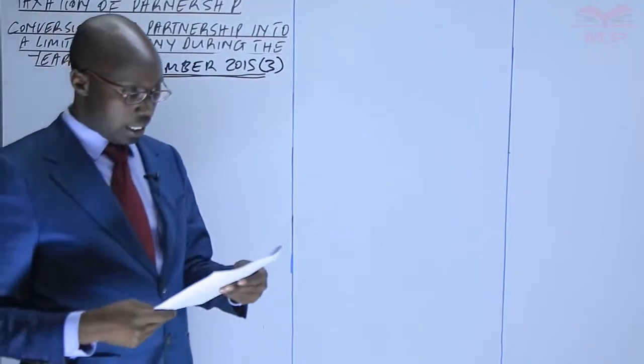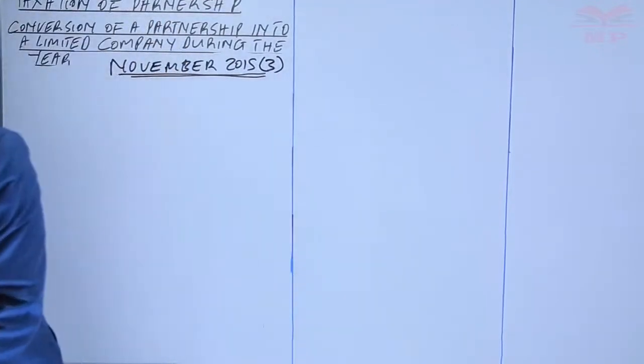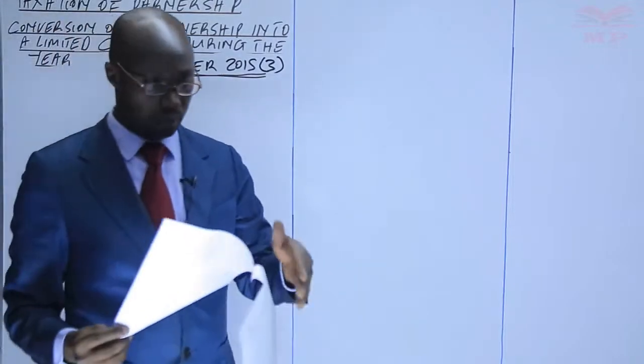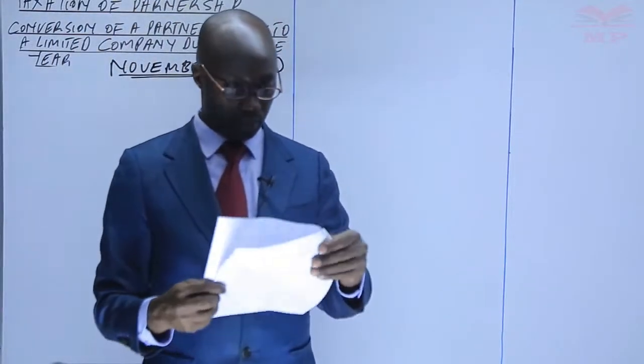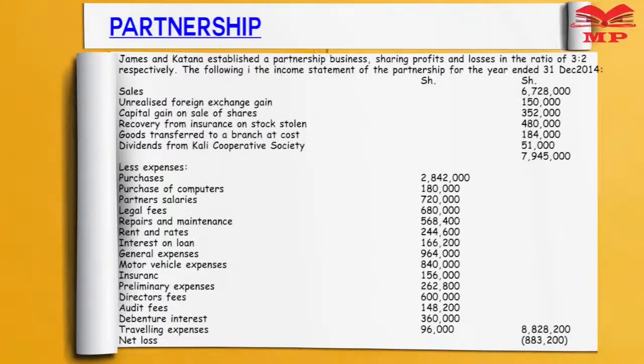This is what the question says. James and Katana established a partnership business, sharing profits and losses in the ratio of 3:2 respectively. The following is the income statement of the partnership for the year ending 1st December 2014.